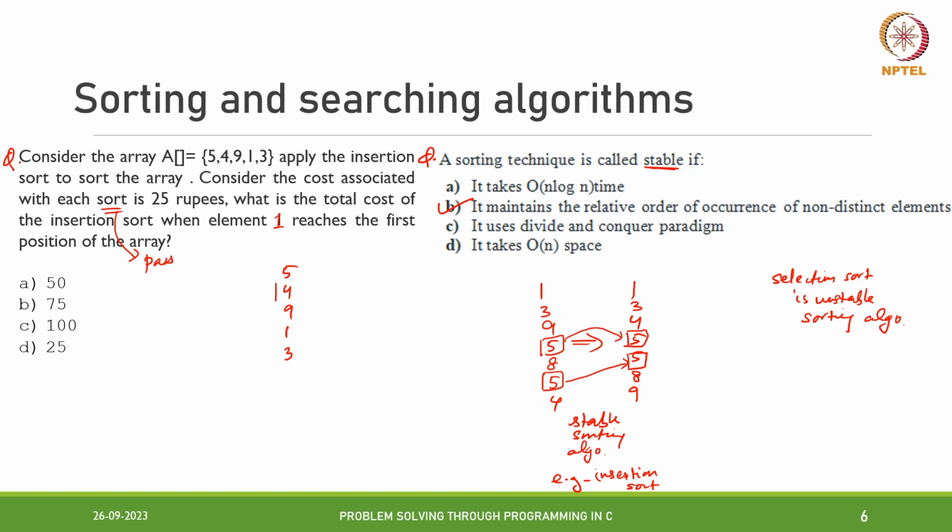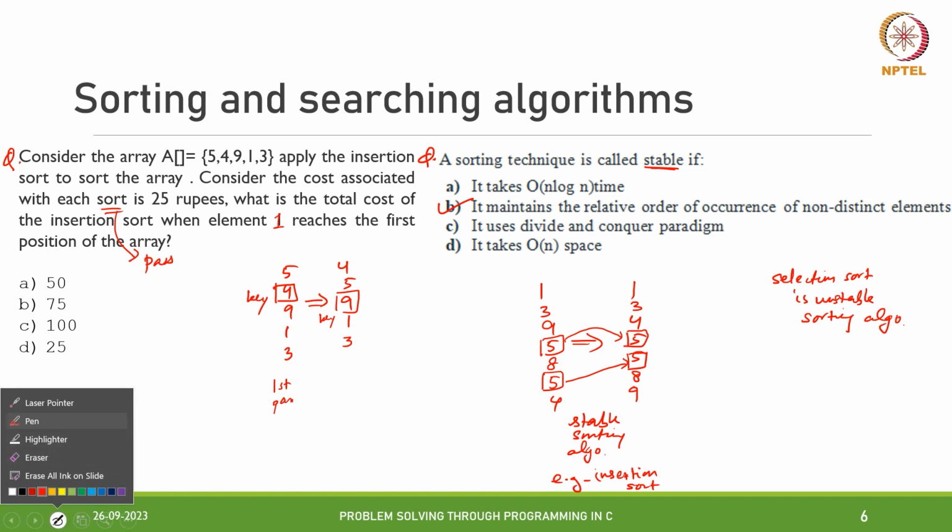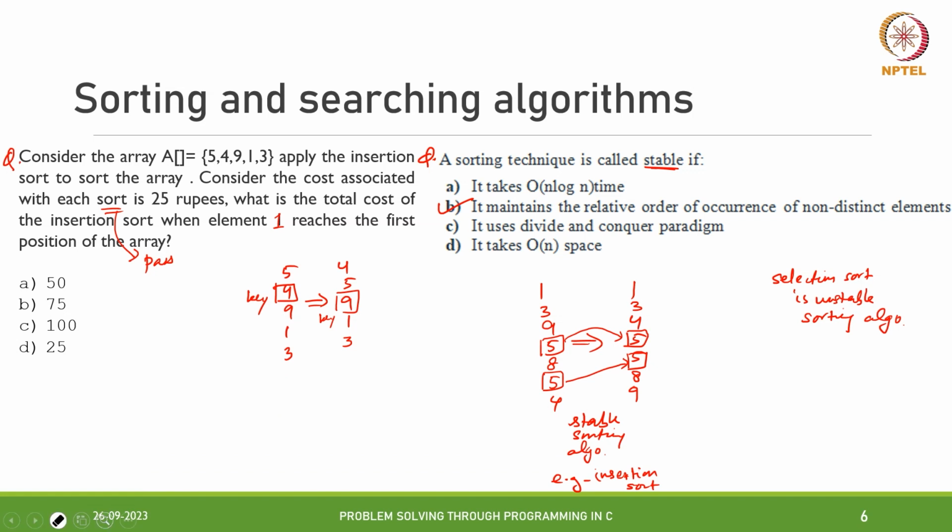In insertion sort, what happens? This is our first key, 4 is our key. We check it with 5. We find that 4 is smaller, so we sort, and it gets sorted to this. So this is our first pass.